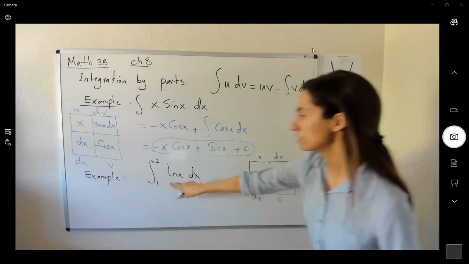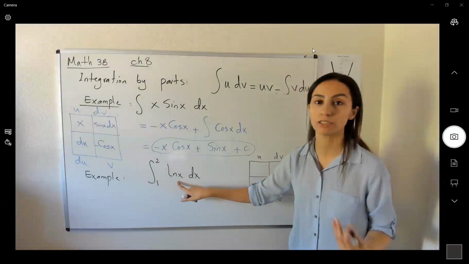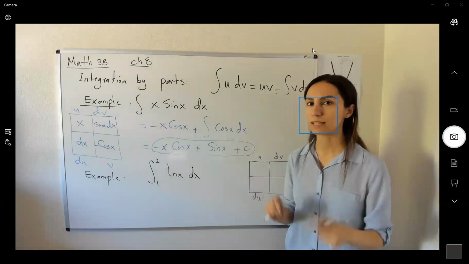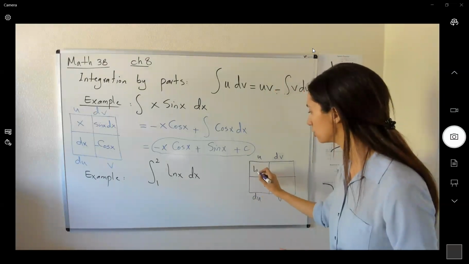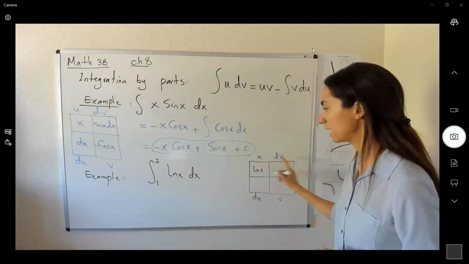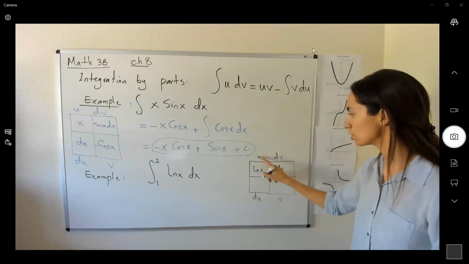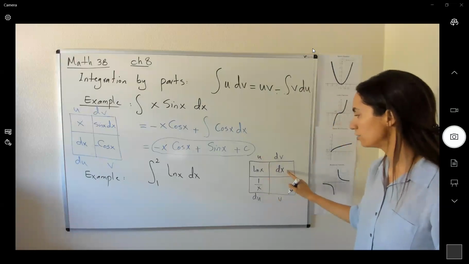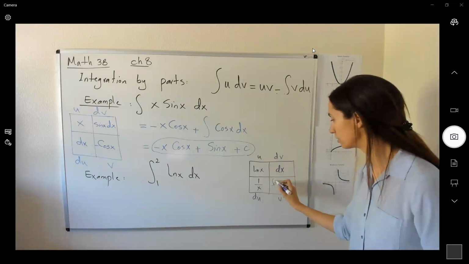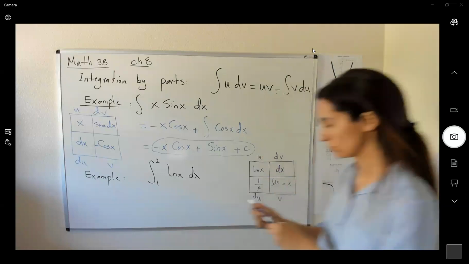Okay, since I have ln inside the integral and I don't know how to find the integral of ln, it means that I have to get rid of ln somehow. So suppose I take u to be ln of x and dv is just dx itself. The derivative of ln of x is 1 over x, and the integral of dx is just x.